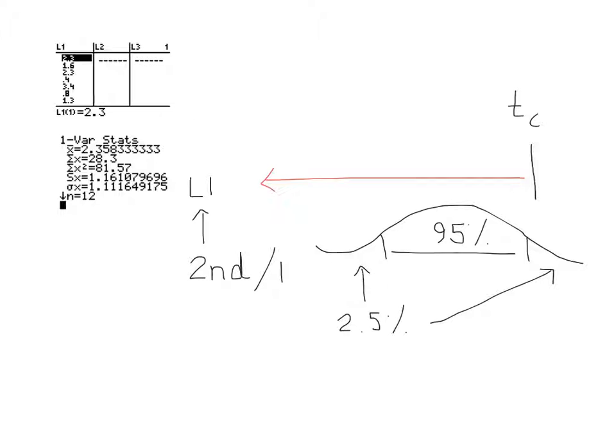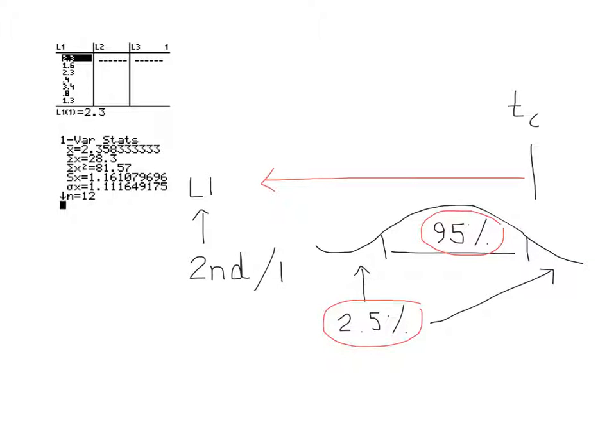Where does the 97.5% come from? Well, there's 95% below that critical value plus the additional 2.5% in the tail, giving us a total of 95 plus 2.5%, which is 97.5%.